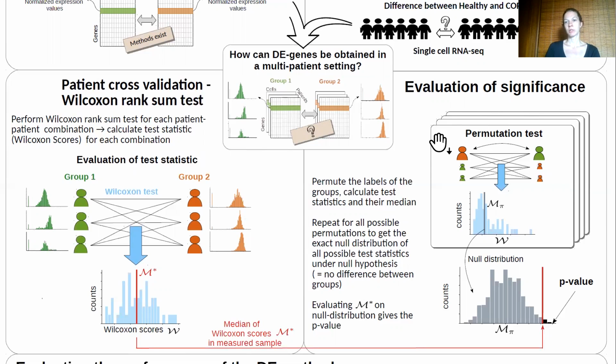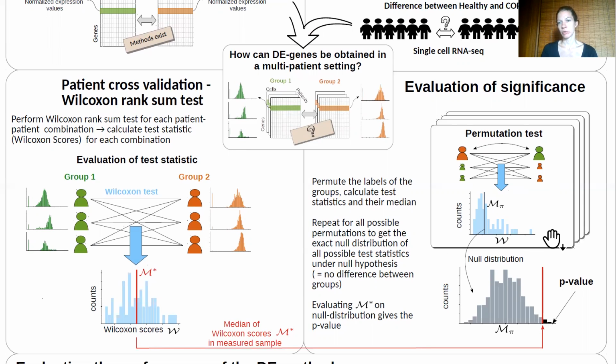There we are performing a permutation test, so we are shuffling patients from one group to the other group, and we do this with all possible permutations and combinations. For each permutation, we again calculate the pairwise Wilcoxon rank sum test and the median of all Wilcoxon scores.